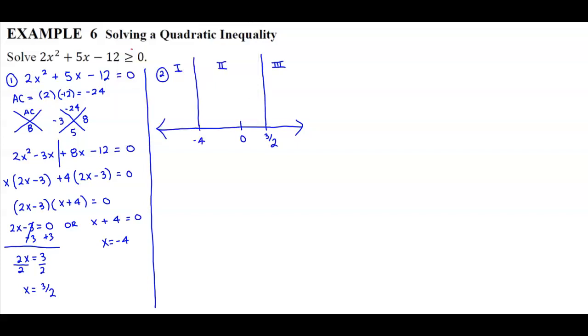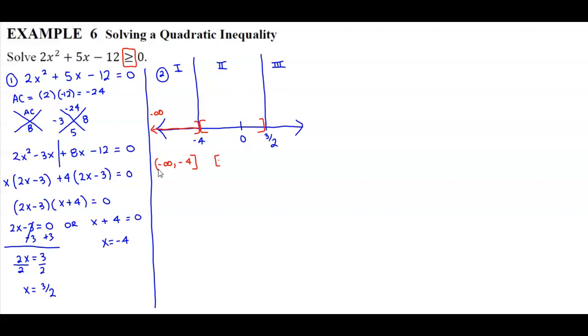Now, if you take a look at the inequality in our problem, this says greater than or equal to. And since it says greater than or equal to, instead of using parentheses, now we're going to use brackets. So at negative 4, we're going to have a bracket, and it's going to go all the way towards negative infinity. So that interval is going to go from negative infinity to negative 4 with a bracket. For region 2, we're going to have a bracket at negative 4 and a bracket at 3 over 2.